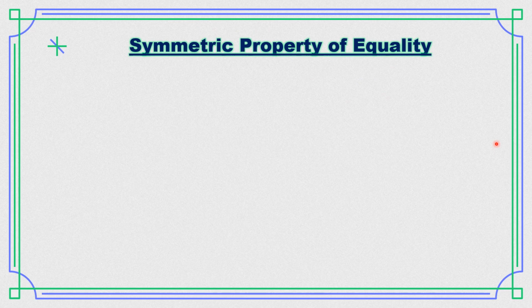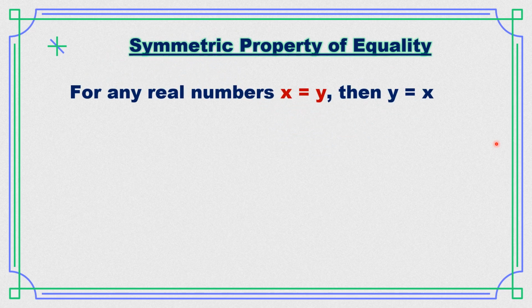So, for the eighth property of equality, we have the symmetric property of equality. Kapag symmetric property naman, for any real numbers, x is equals to y, then y is equals to x. So, pagpapalitin natin si x y, magiging y x.